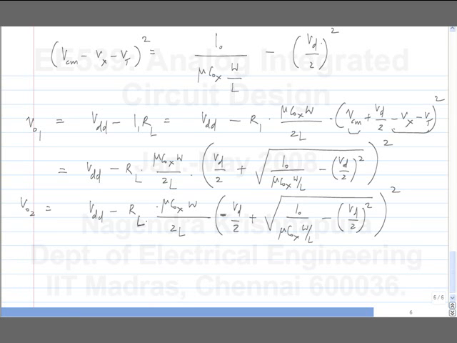Now, what is the small signal gain? Small signal differential gain, that is the increment in VO1 because of an increment in VD. How much is that? Which is the linear term in this one?